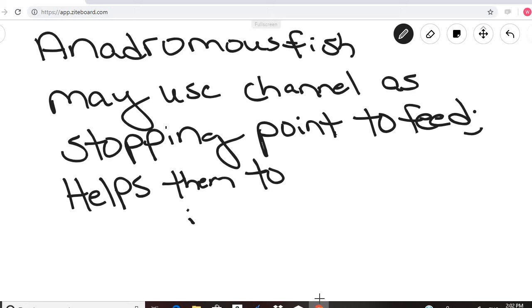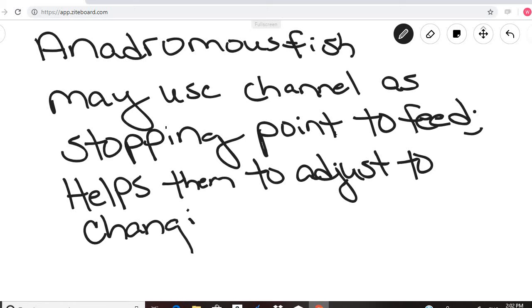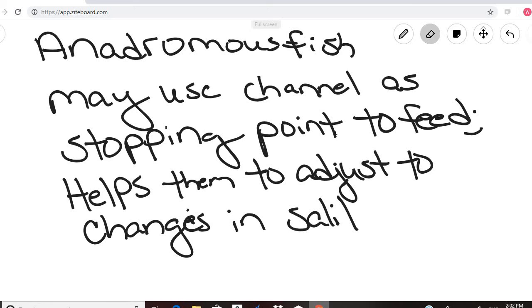So as they're moving from salt water to ocean water or vice versa, stopping in one of these channels can help them to adjust to those changes, because in these areas you're going to get more changing in salinity, and so they can use that time to help them adjust to that.